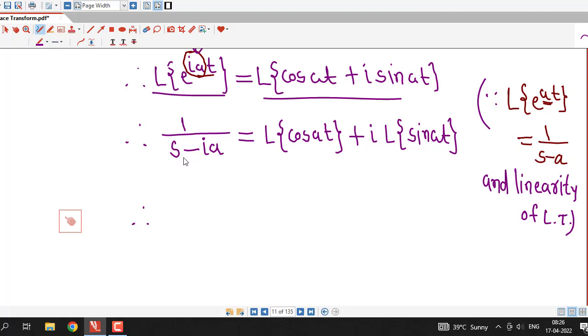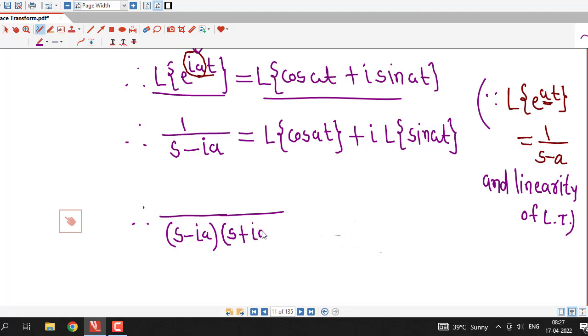Now we first express this 1 over s minus ia in the form p plus i into q. So this is not in this form. To express 1 over s minus ia in this standard form, we will multiply numerator and denominator by the conjugate of s minus ia. The conjugate of s minus ia is s plus ia.